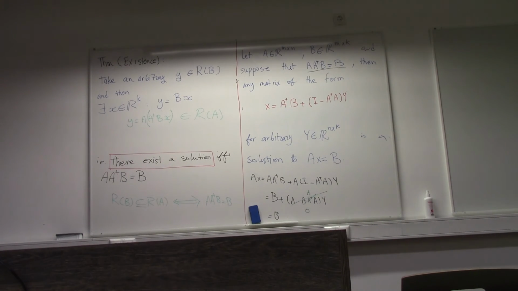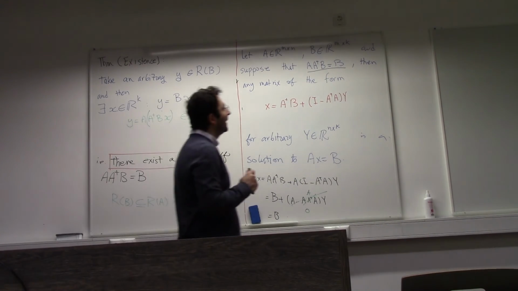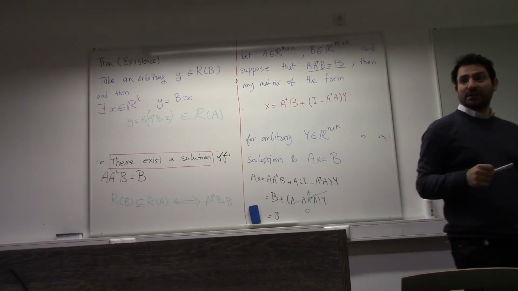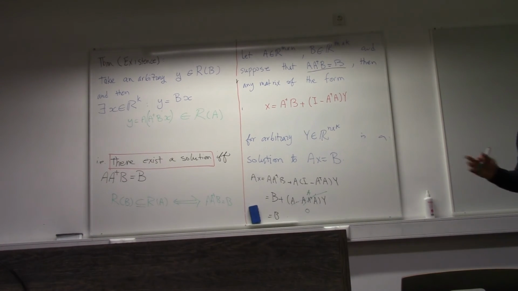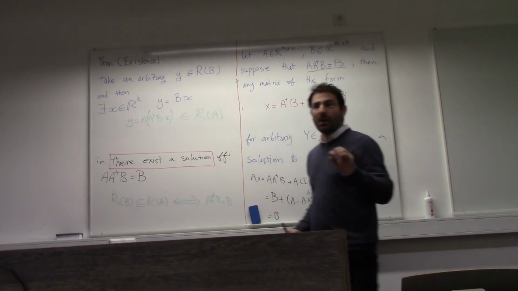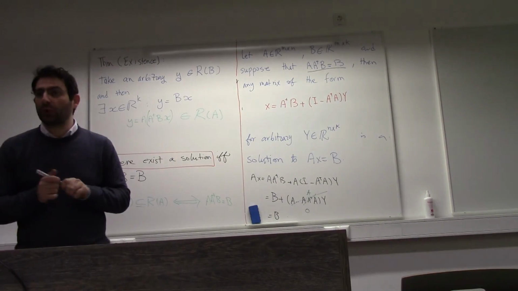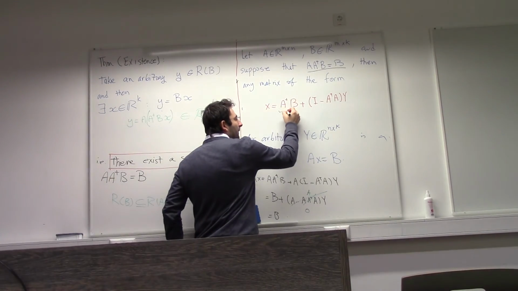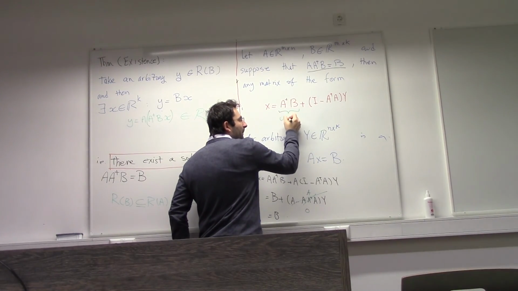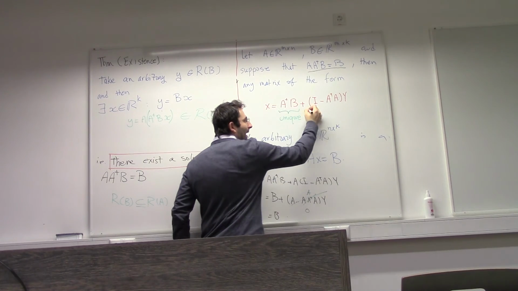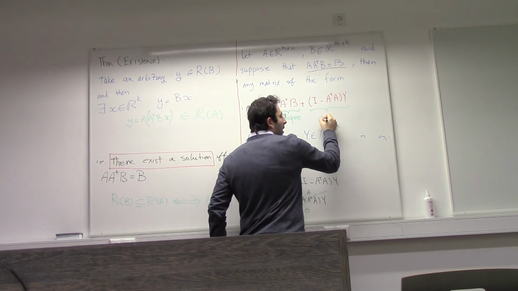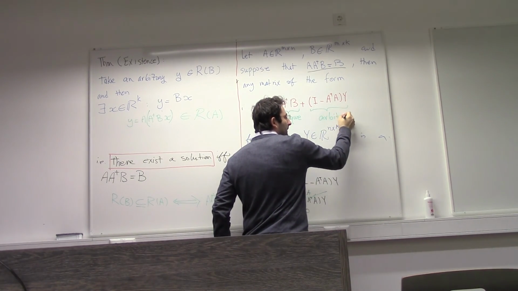Now, X is equal to A⁺B plus (I minus A⁺A)Y. So we have a solution, and the theorem was about existence. But this solution is not a unique solution. This solution is a combination of two parts: a unique part and an arbitrary part.